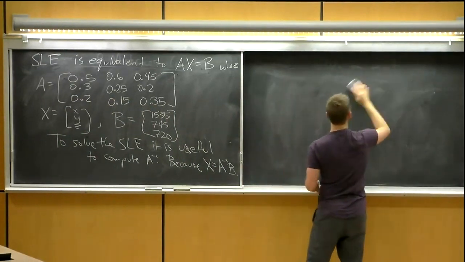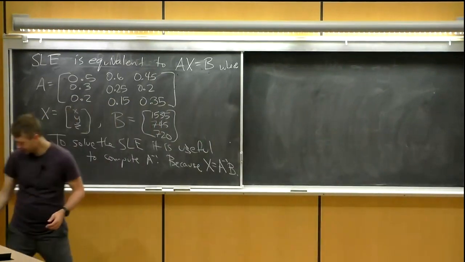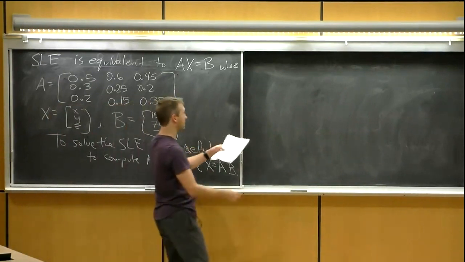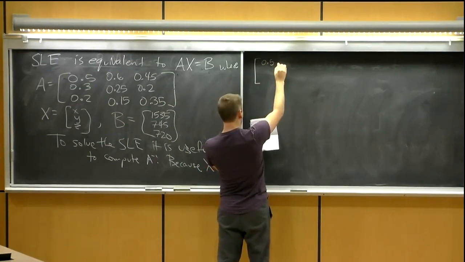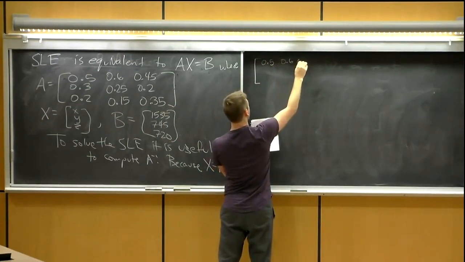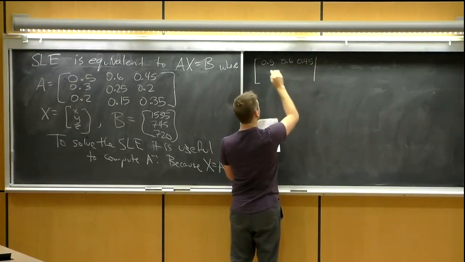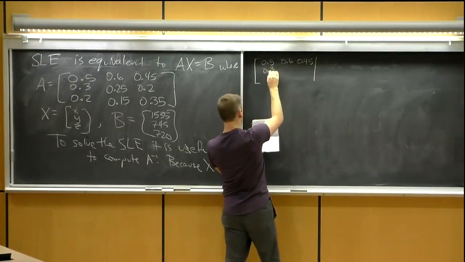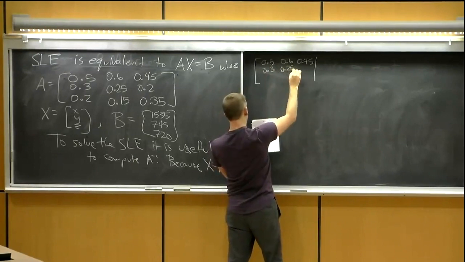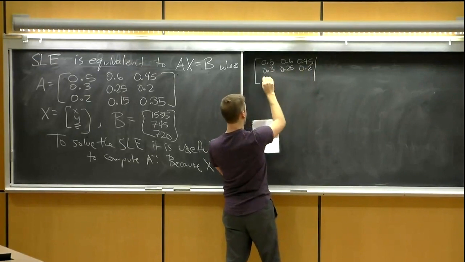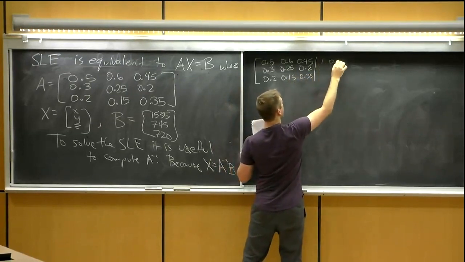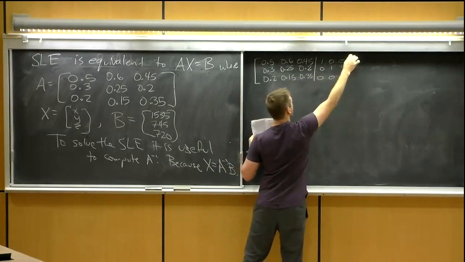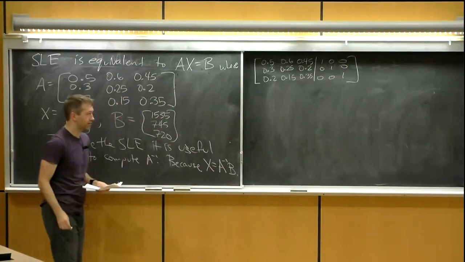Okay. So we've got a big row reduction to do, a big Gauss-Jordan elimination. I start by rewriting my matrix, and then I write the identity matrix on the other side.